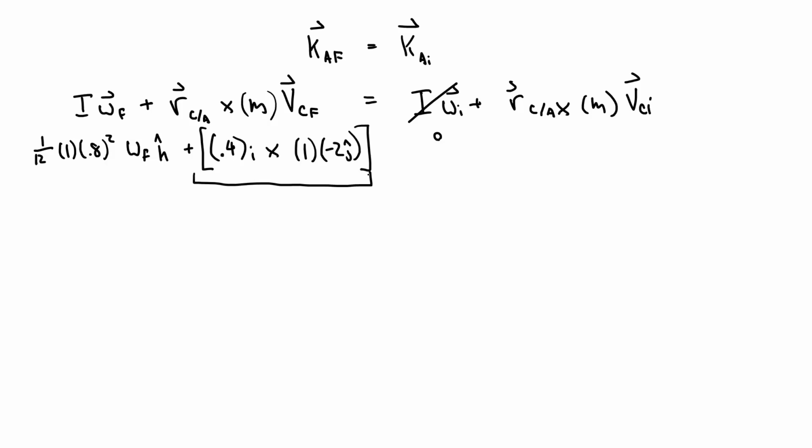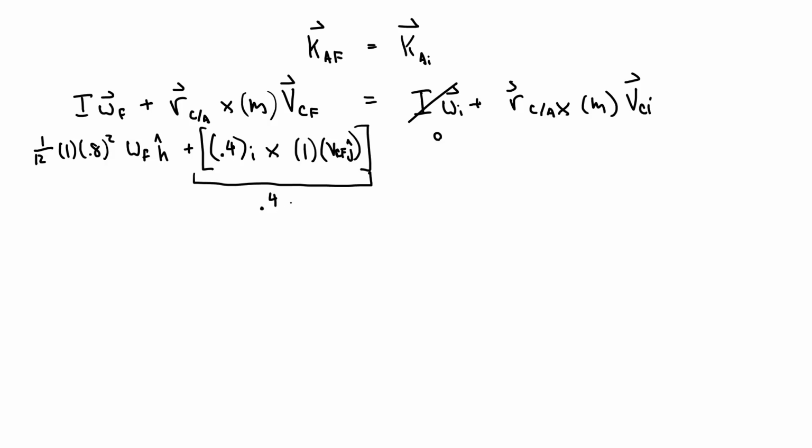All right, so this cross product right here, the result of that is going to be 0.4 times V, oh no, so I don't know, sorry, I've mixed this up. This is my unknown. It's not, the initial is -2. This one is just going to be equal to 1 times VC final in the J hat direction.